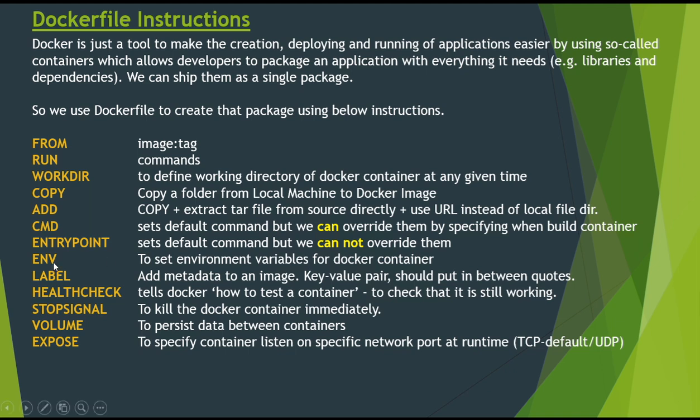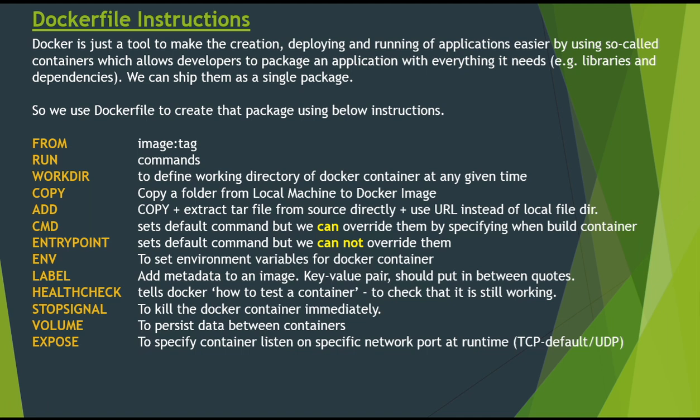Then we have ENV. ENV is for environment. If we want to set environment variables for a Docker container, we can use the ENV instruction. Then we have LABEL. If we want to label our containers, we can set it using the LABEL instruction, which adds metadata to an image as key-value pairs.